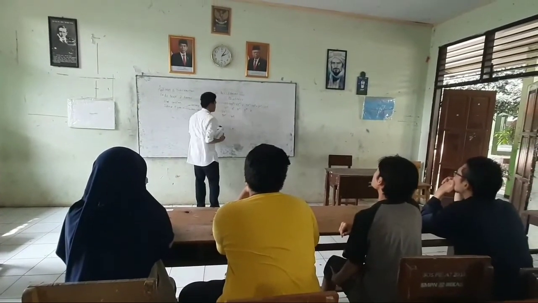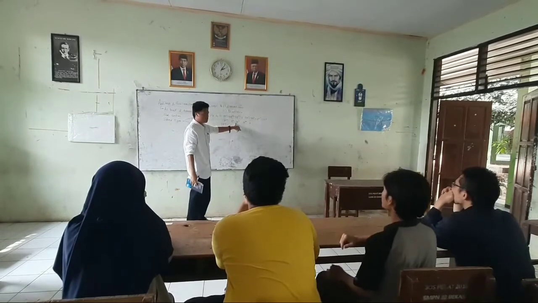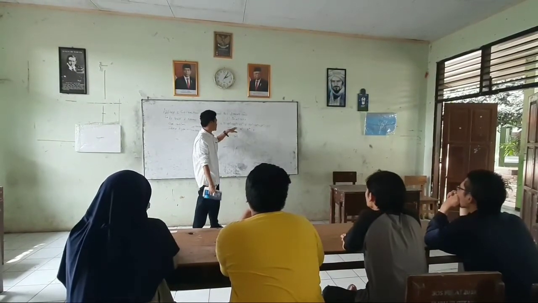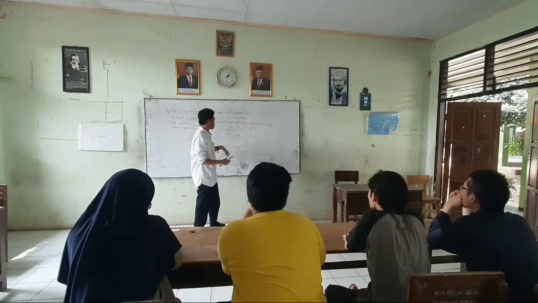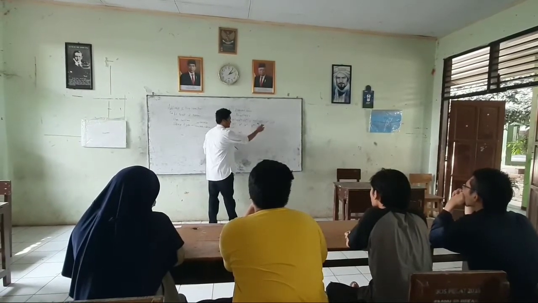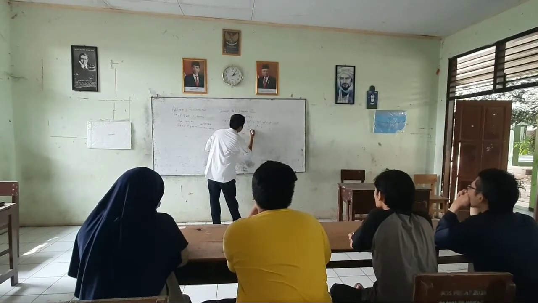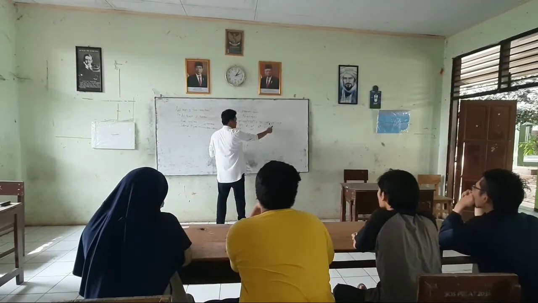4p power 4. We have p cubed. Both structures have terms that contain p cubed, so we write down minus 4p cubed, and then 3p cubed.